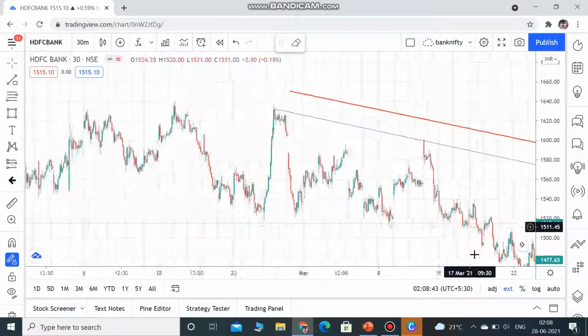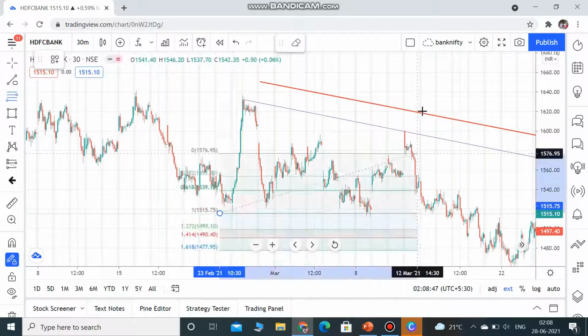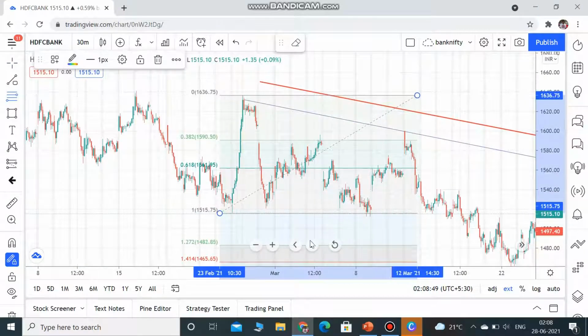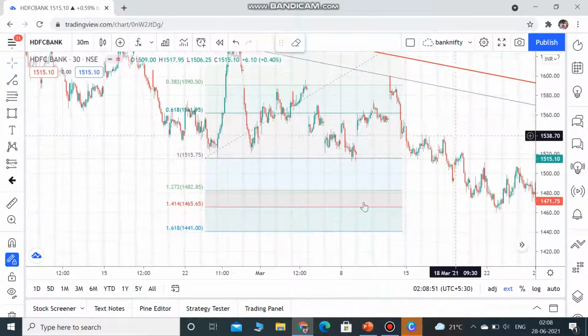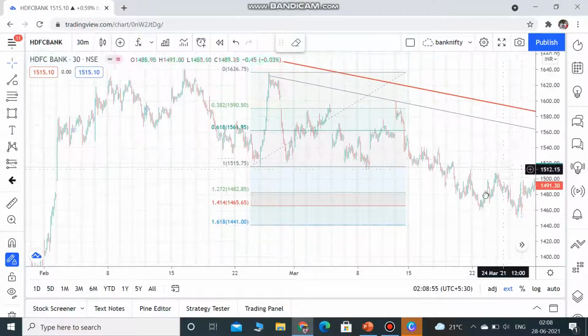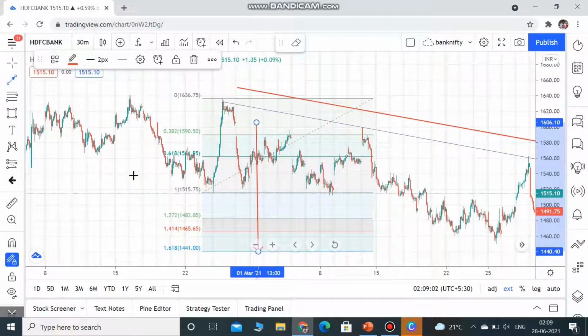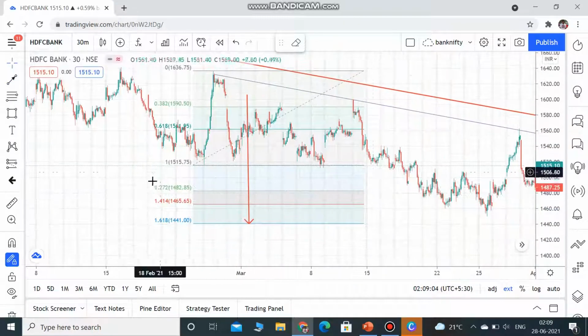Or I've also explained how to consider 61 to 161. So this will be my 161, right? I will be shorting at this position and buying only when it reaches my 161 or 127.